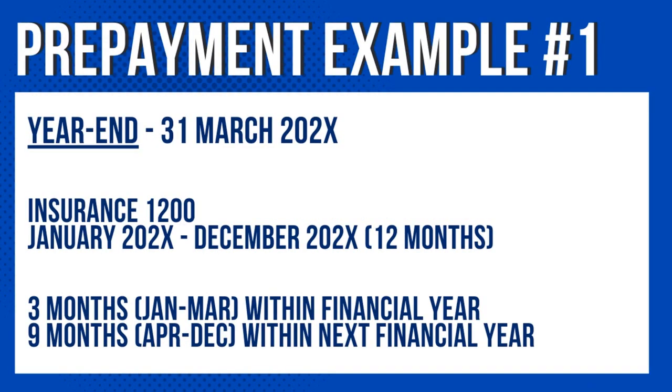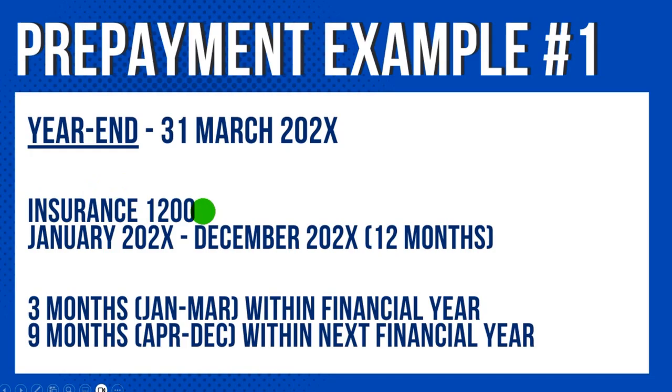So, prepayment example 1. In this example, the financial year end is 31st of March. So the year would have been 1st of April to 31st of March. That's the reporting period. Now within this year, there was an insurance payment of £1,200.